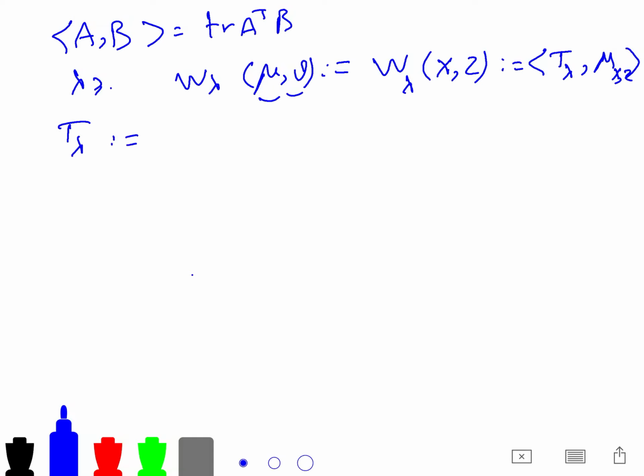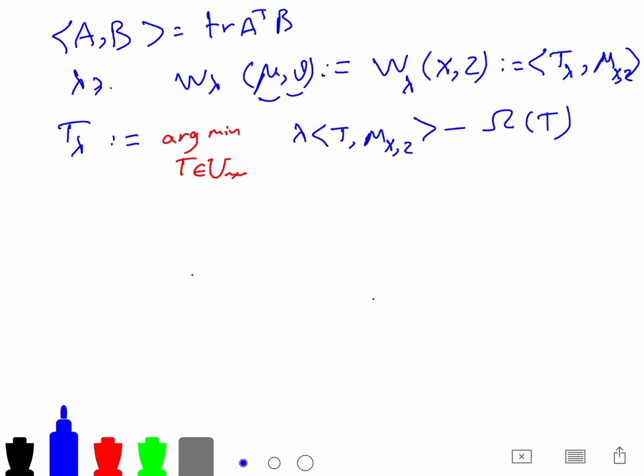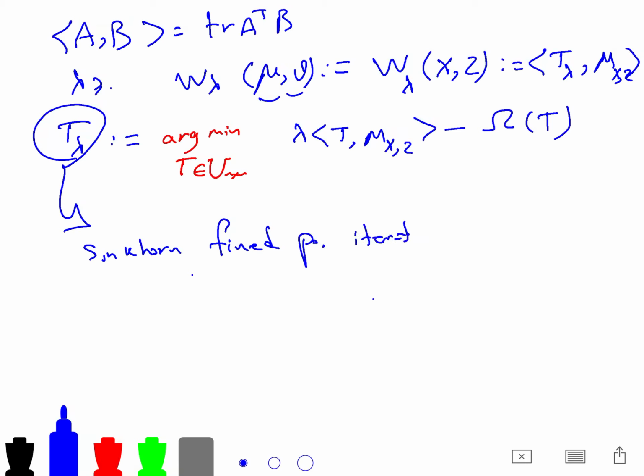By definition, T lambda is the argmin over all T in U of lambda times the inner product of T and M X Z, minus the entropy of T, which is seen as a discrete joint probability distribution. And this is solved using Sinkhorn. I said that it is easy. You can solve it using fixed point iterations. So I'm just reviewing it.